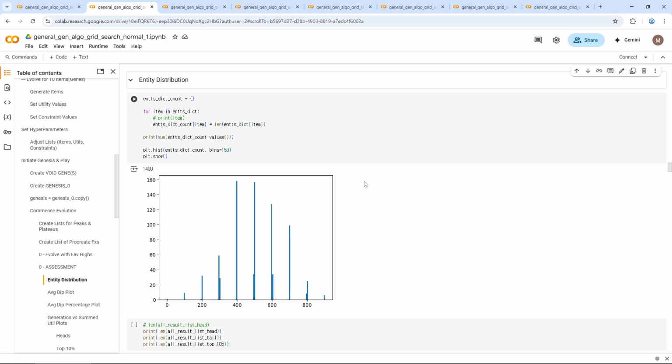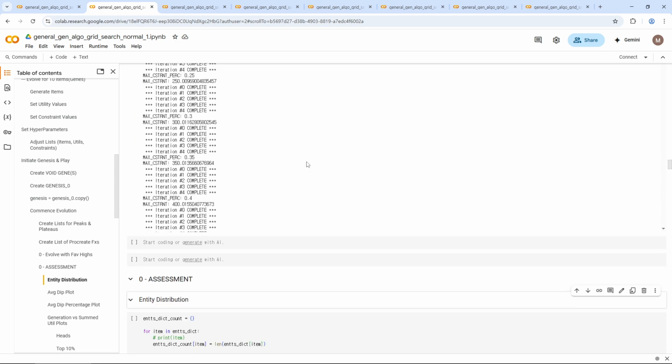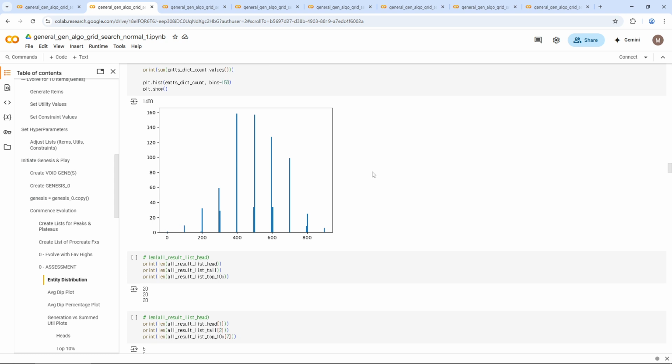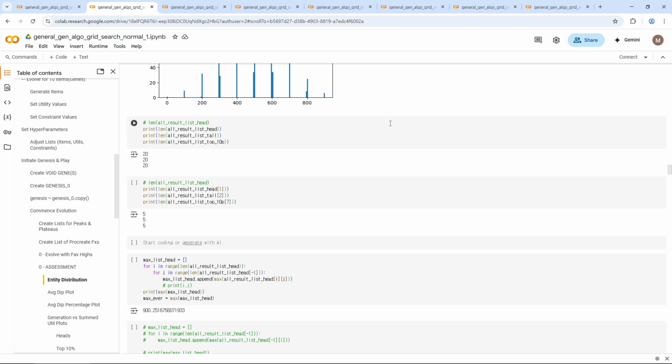Yeah, 100%. So anyway, this is the final state. But again, for this, the maximum constraint percentage is 100%. This histogram is just to show that the distribution of entities follows somewhat of a normal distribution, like the central limit theorem, where everything just follows normal if you add them up.